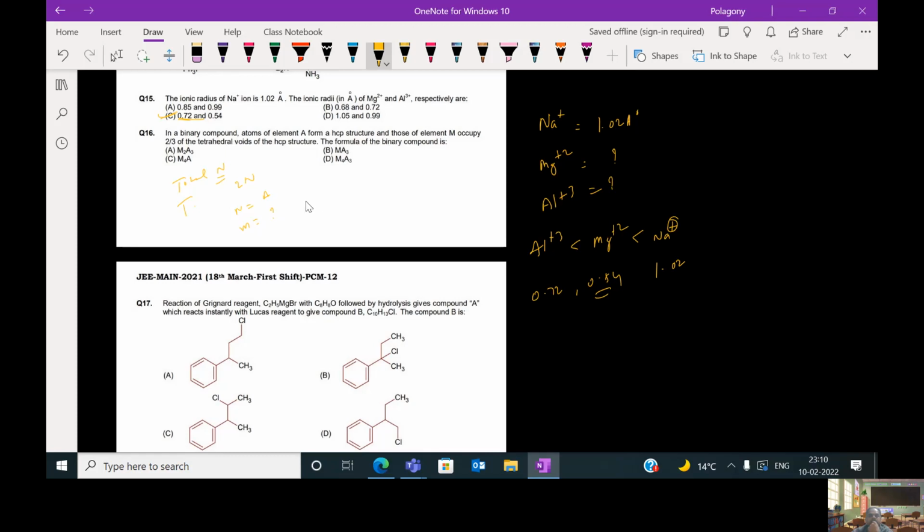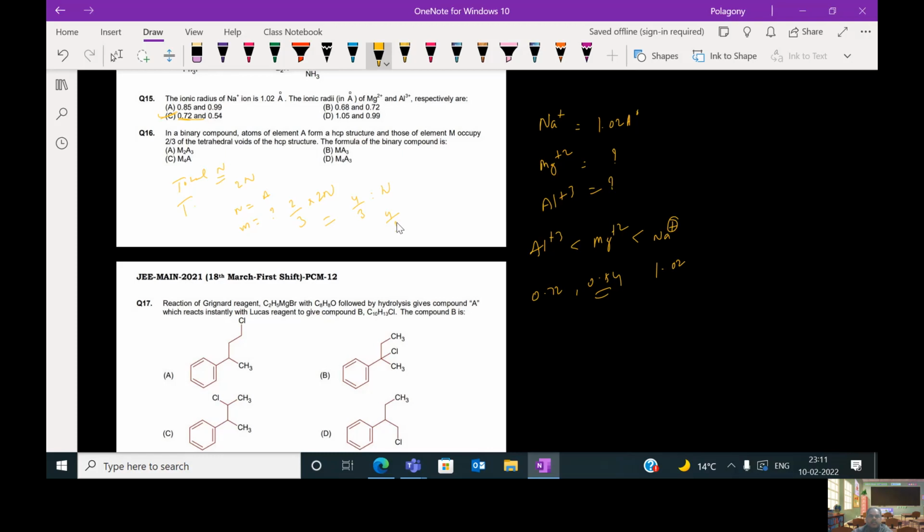We can write the number of M atoms as 2/3 into 2n. So the M atoms will be 4/3 n, and the number of A atoms will be n.